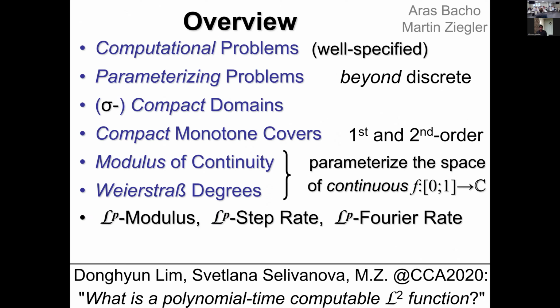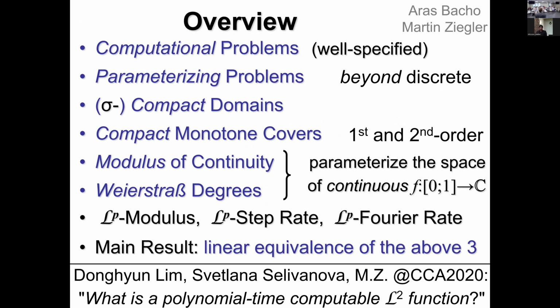And then finally, I'll get to the Lp case with three parameterizations: Lp modulus, Lp step rate, and Lp Fourier rate, which is short for rate of convergence of Fourier series and rate of convergence of step functions.